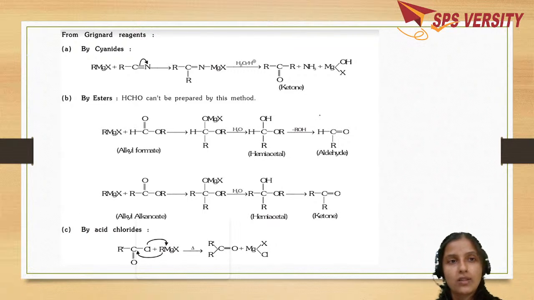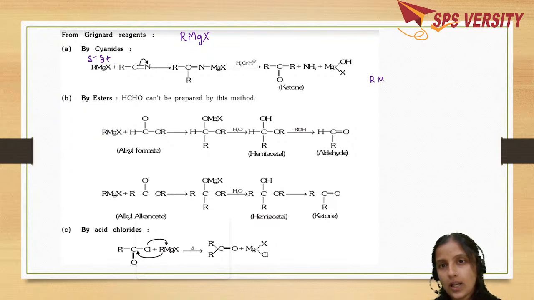Now from the cyanides, how does this proceed? From the Grignard reagent, we know what exactly Grignard reagents are: alkyl magnesium halides, RMgX, are called Grignard reagents. Being a metal, Mg carries a delta positive charge and R carries a delta negative charge. Now RCN is treated with the Grignard reagent.